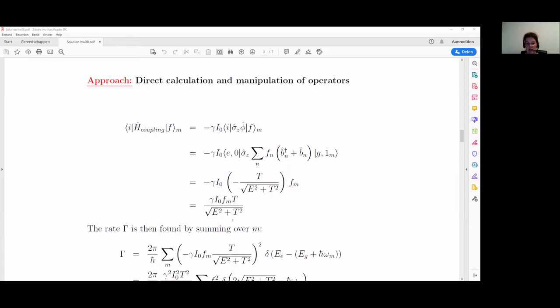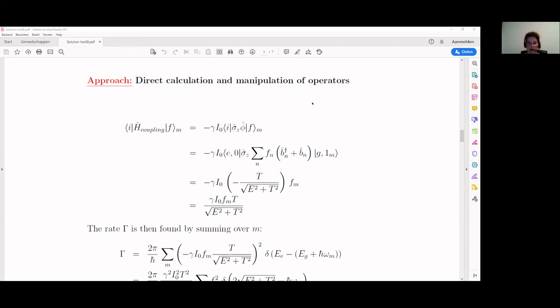And you see it contains both qubit parameters, if you like, the E and the T, and it also contains Fm, which corresponds to an environmental amplitude. So this is the essential ingredient for Fermi's golden rule.